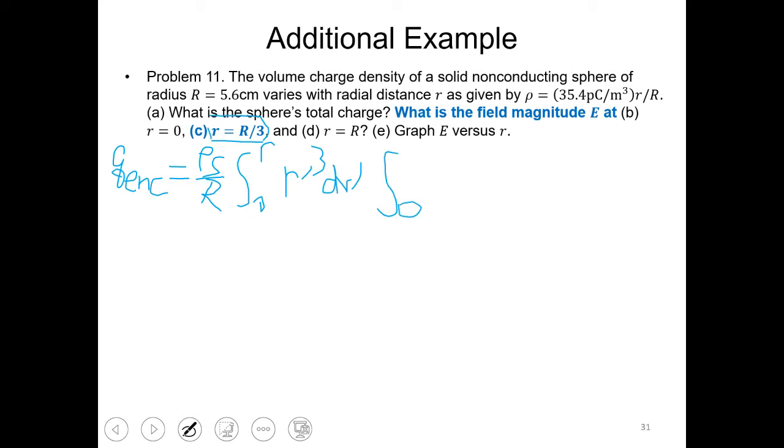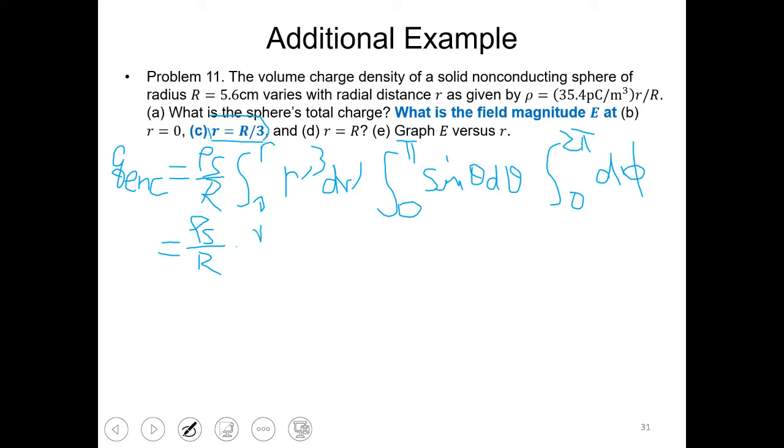And for the other two coordinates, which will actually be the same, we can write like this. One we can just ignore, so we have rho s over R, and in this case r to the 4th power over 4, and this is still 2 and 2 pi.